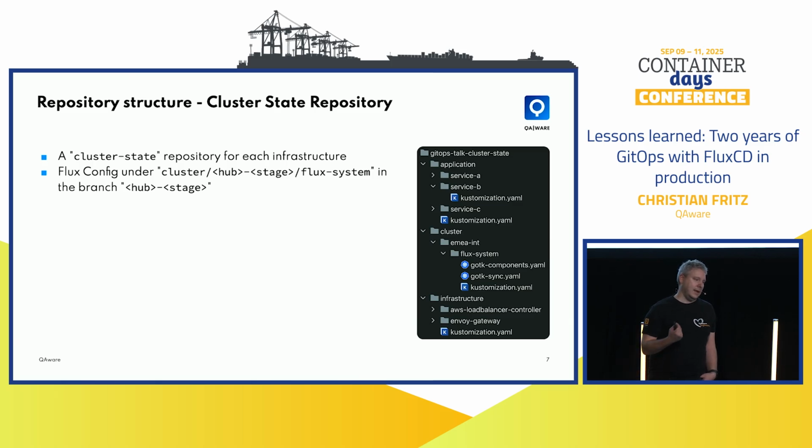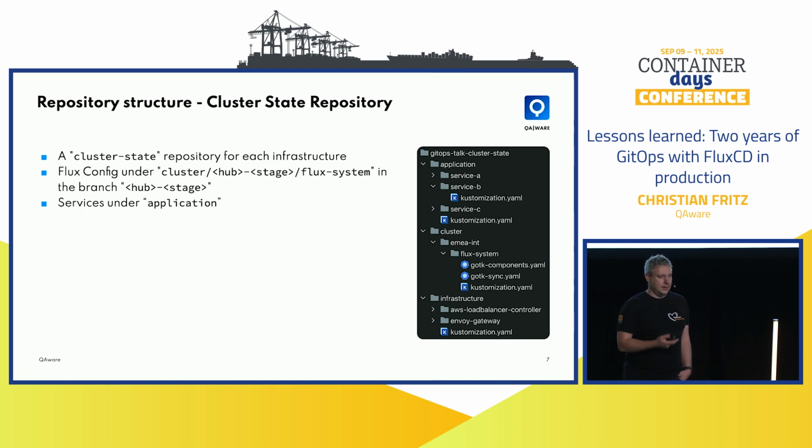And this directory only exists in a branch which is named the same. So the branch is named hub-stage, for example, EMEA int or US QA for the quality assurance environment in the US.